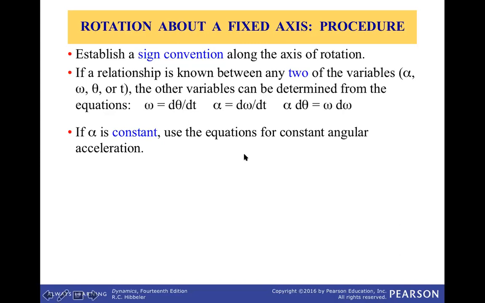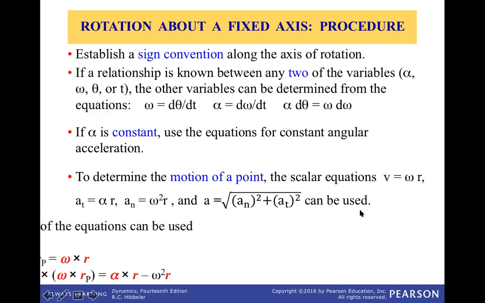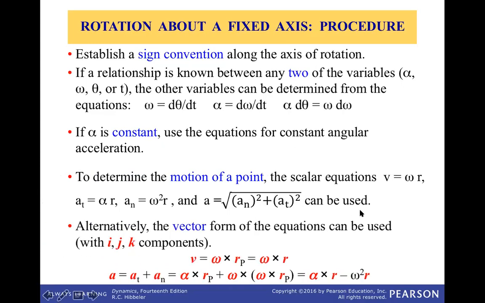If alpha is constant, then you use the equations for constant angular acceleration, the three equations from a couple of slides back. To determine the motion of a point, the scalar equations v equals omega r, a_t equals alpha r, a_n equals omega squared r, and a equals the square root of the sum of the two components squared can be applied. So you can use those.